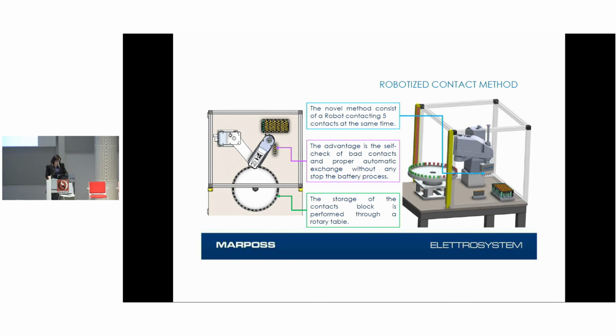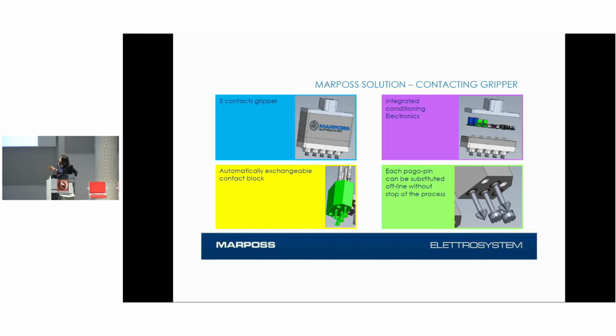We also have another storage unit with a rotary table where the scrap contact blocks are shown in red, and in green the buffer of the contact blocks that can be used during the process.